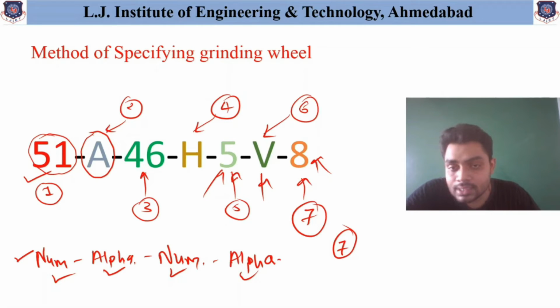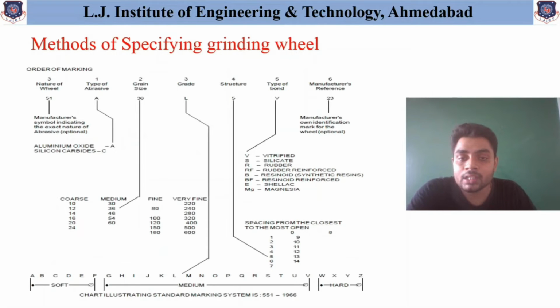Now, what is the meaning of these different numbers? We will understand that from this simple chart that you also need to remember. From this chart you can understand any specification given to a grinding wheel. As indicated, there are a total of 7 variations from which you can understand the specification.